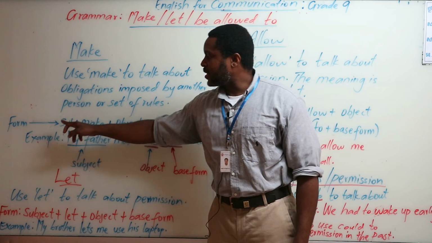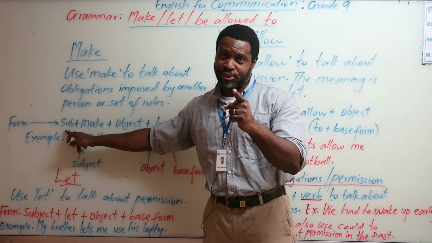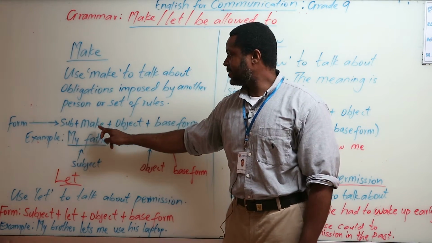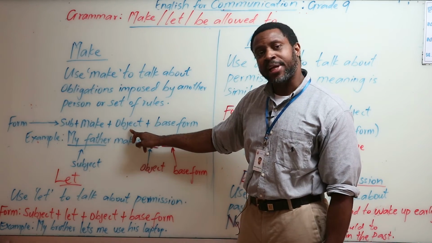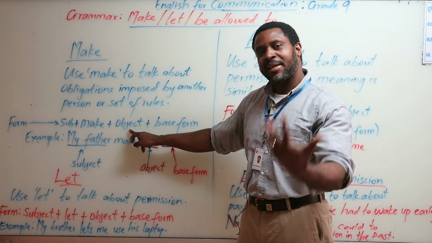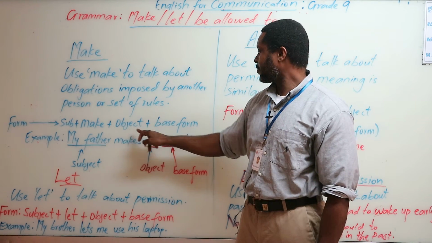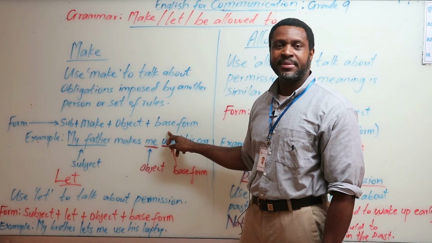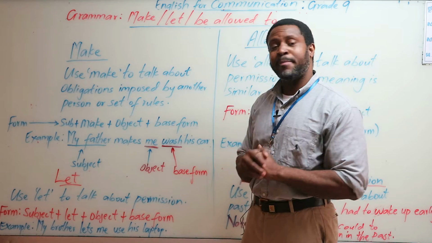Look at the grammar form. You start with the subject, then the verb make, and the object, the person that receives the action. And the base form of the verb.